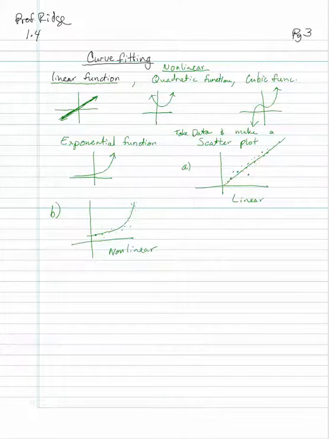You can kind of see whether the relationship suggests a linear relationship or not, based on the scatter. There's this fancy term called a correlation coefficient, and the closer it is to 1, the better the correlation is to a linear relationship.